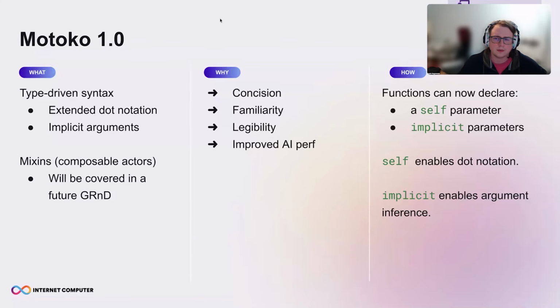The how is that we have functions that can now declare a self parameter, very similar to what you might know from Rust or the this in object-oriented languages. And we have implicit parameters, and we'll show a bit. Let's see what that looks like when you use them on the next slide.